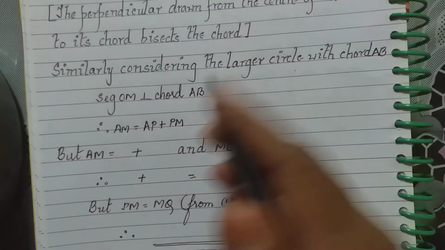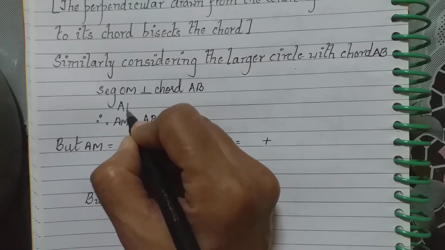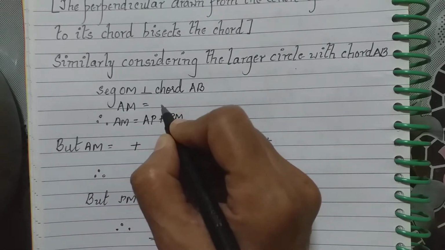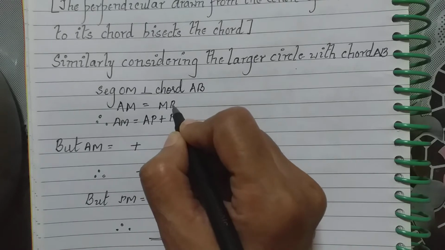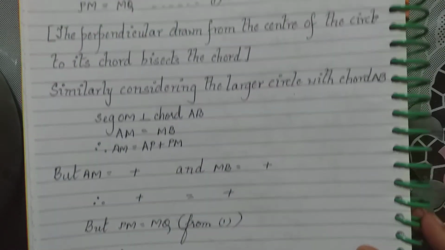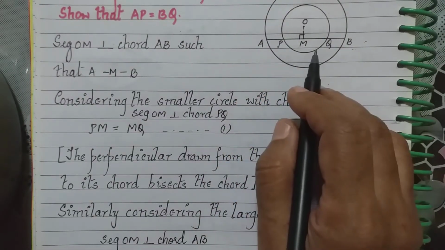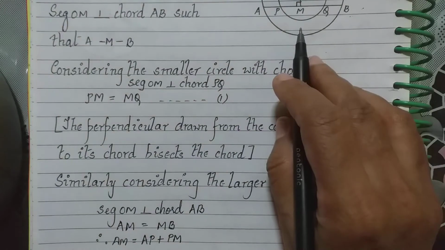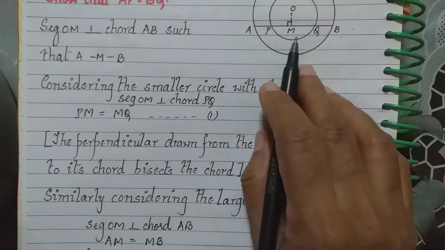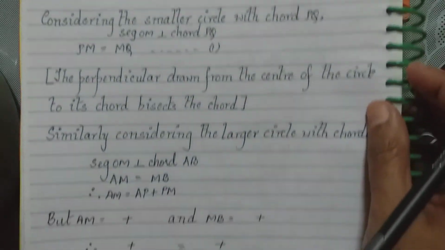So I also write here that AM is equal to MB, but AM is equal to AP plus PM. Same way, if I consider MB, it will be made up of MQ plus QB.